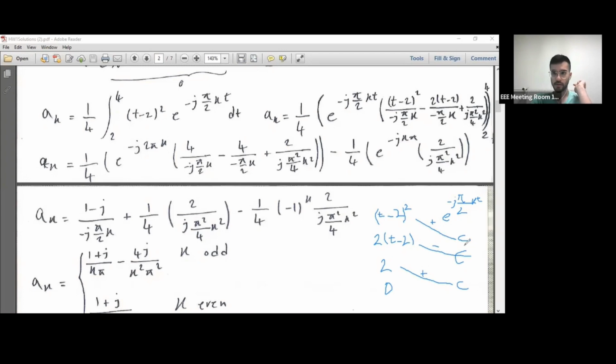So that would be this term times this term with plus sign, minus multiplication of this with this one, and plus 2 multiplied by this. So this is the method that I use.